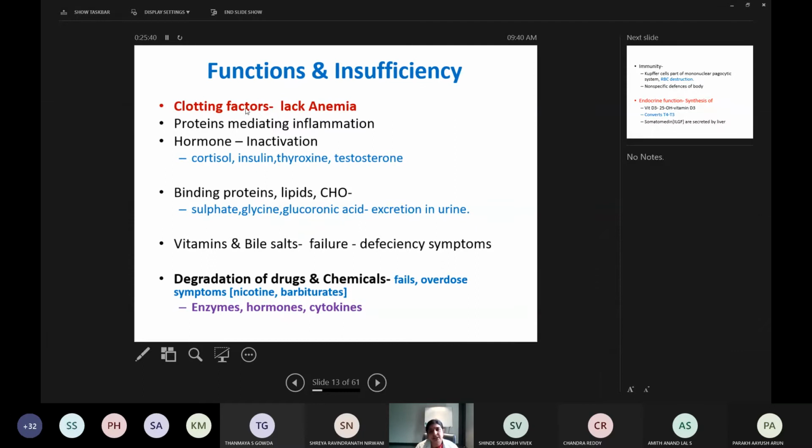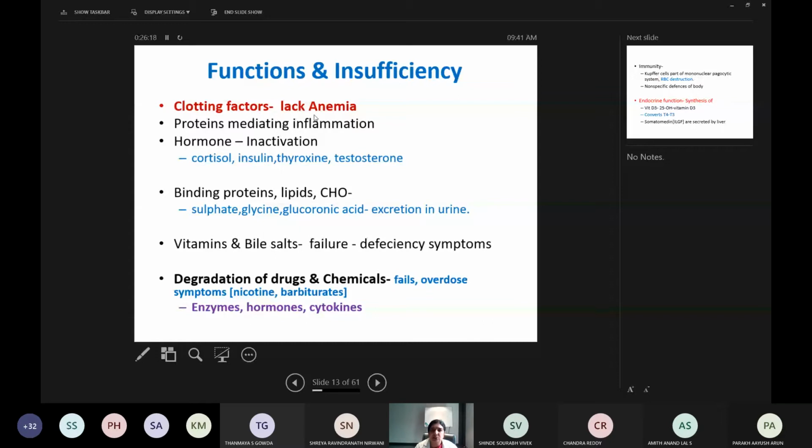First and foremost, we know that the liver is the site of production of many clotting factors, like factors 5, 7, 9 and 10, which are synthesized in the liver. So if the liver is inflamed, as in hepatitis, or in case of jaundice, whether prehepatic, hepatic or obstructive, or liver cirrhosis or fibrosis of the liver occurs, at that time there will be lack of synthesis of these clotting factors as well as heme synthesis.